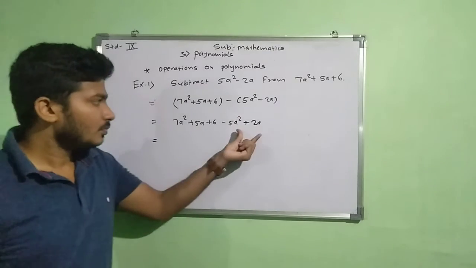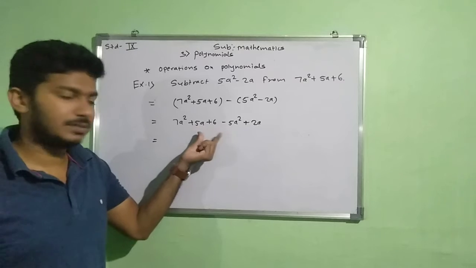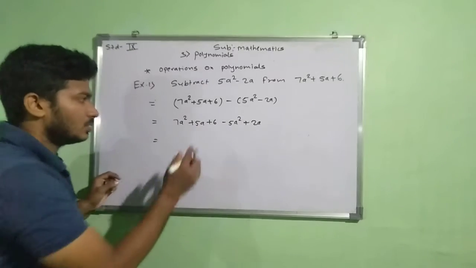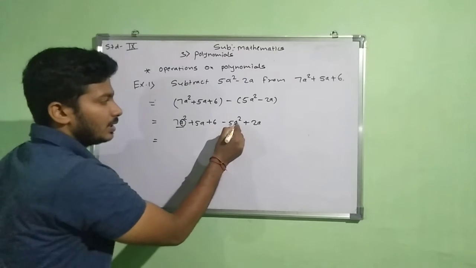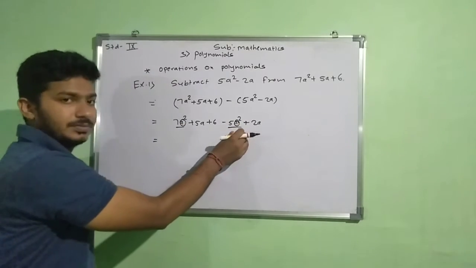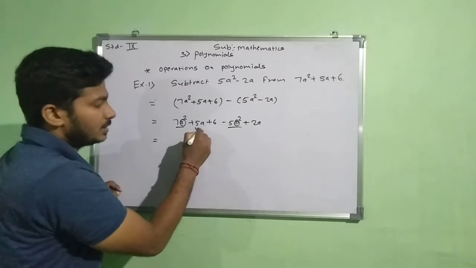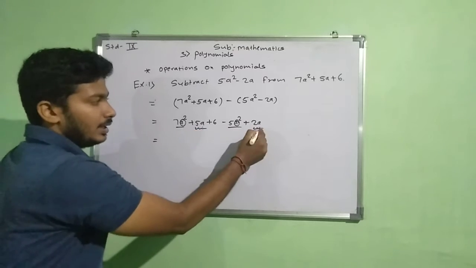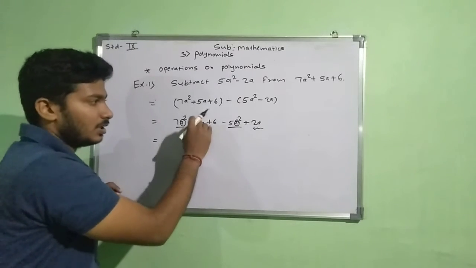Now whichever are like terms, that means the variable having the same power. If you look here, 7a square, and here also we have a square, so these two terms are like terms because they have the same power, which is 2. And if you carefully look at 5a and 2a, here a and a we have, and the power of a is 1, here also 1.